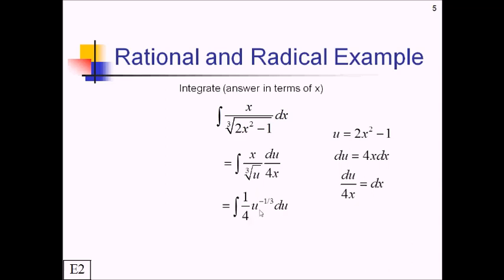So we can bump this up, have to add 3 over 3 to it, so bump this up to 2/3, and that means we're going to divide by 2/3, which is really the same as multiplying by 3/2. So that's going to be 3 over 8 u to the 2/3 power du. And now we just substitute back in the 2x squared minus 1, and we're done. And of course, don't forget your plus c in this process.